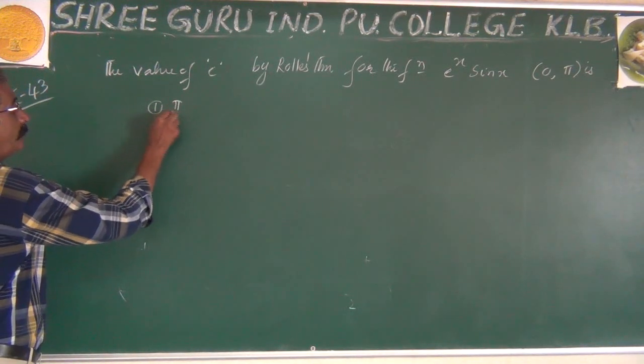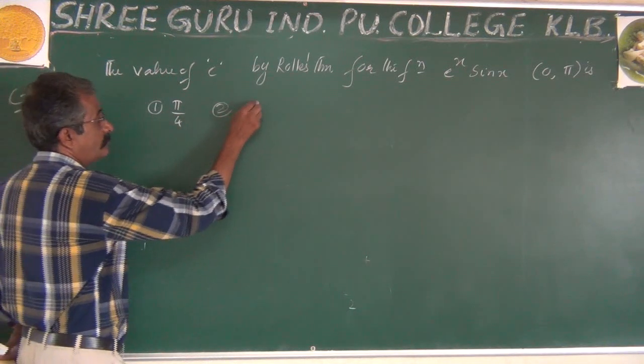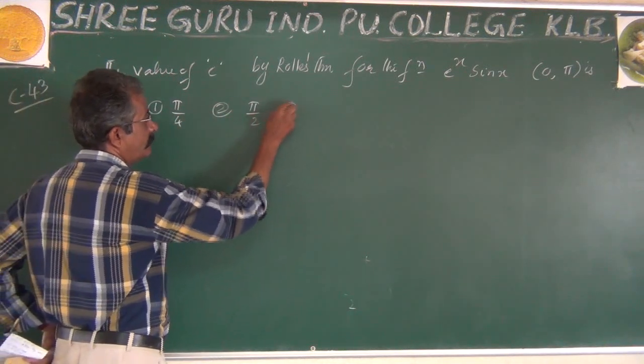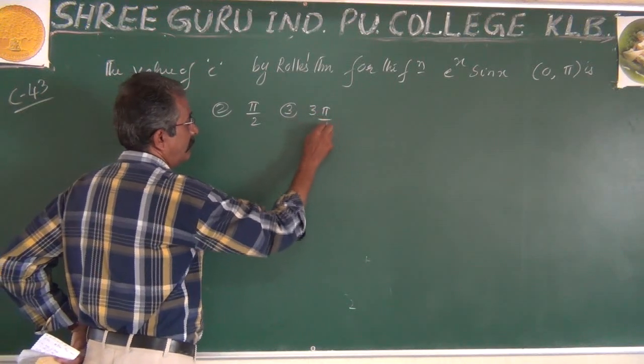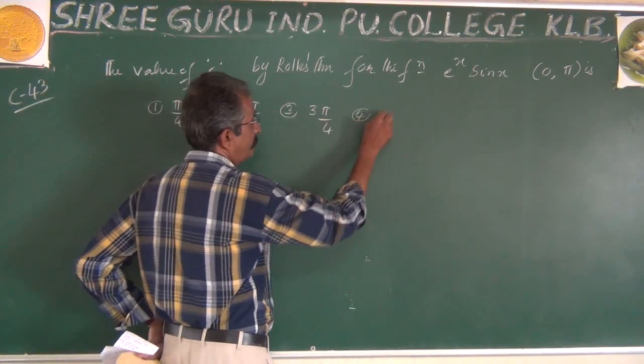First option pi by 4, second option pi by 2, third option 3 pi by 4, and fourth option none of these.